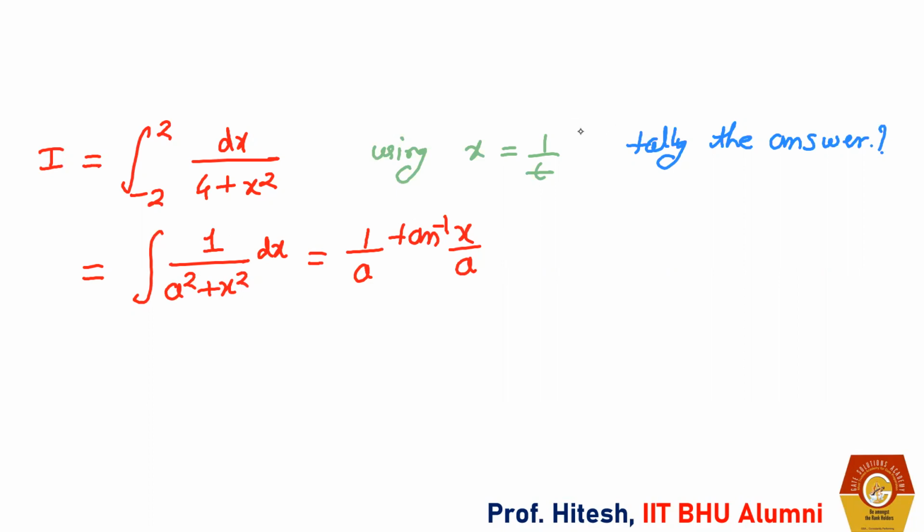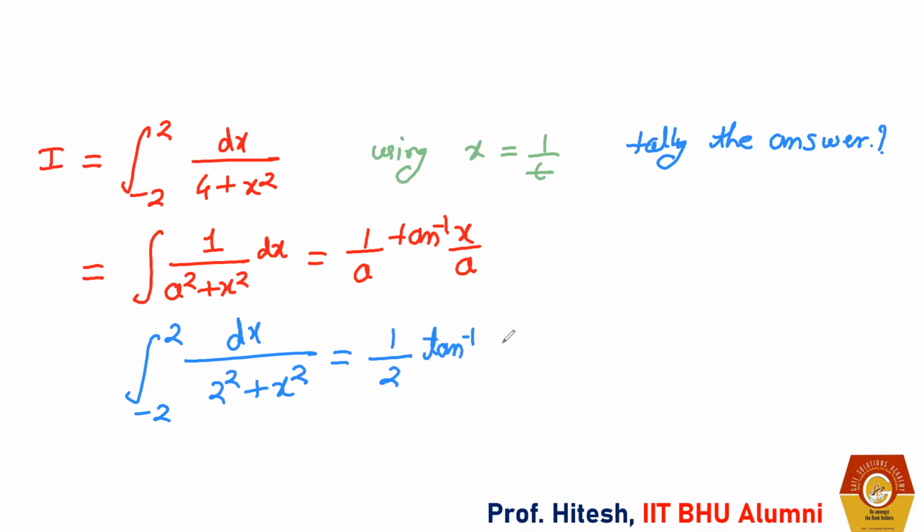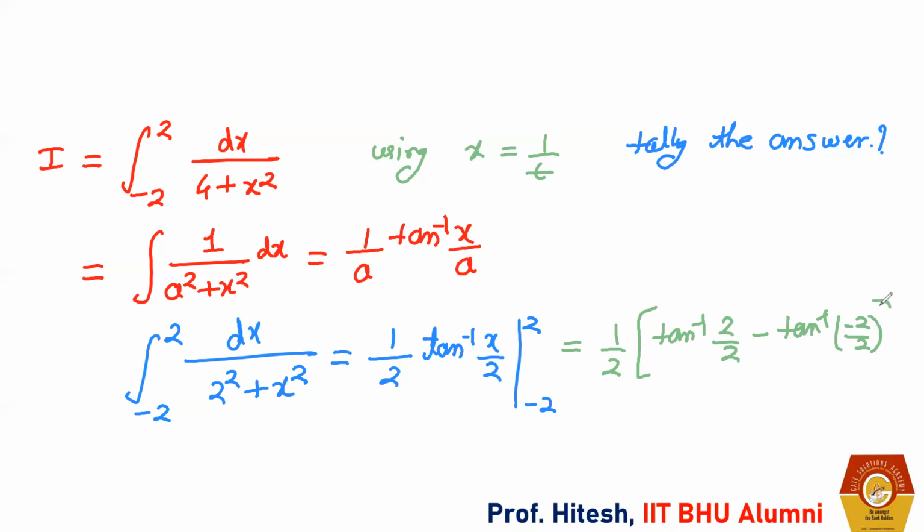In our case it is -2 to 2 dx upon 2 square plus x square, so it is 1 upon 2 tan inverse x upon 2, limit is -2 to 2. So it will be 1 upon 2 tan inverse of the upper limit 2 upon 2 minus tan inverse of minus 2 upon 2.